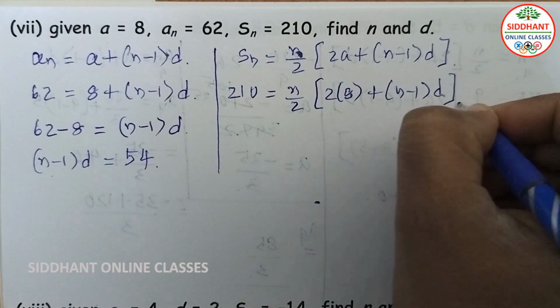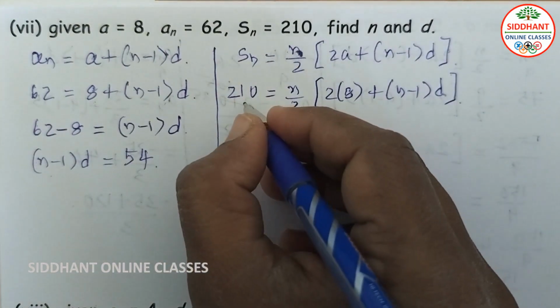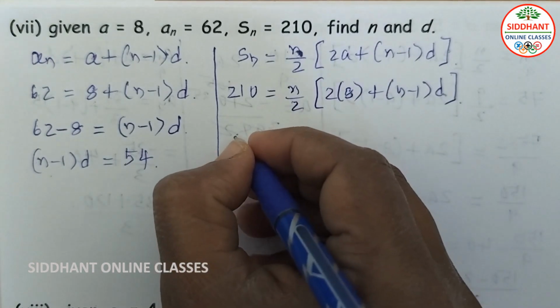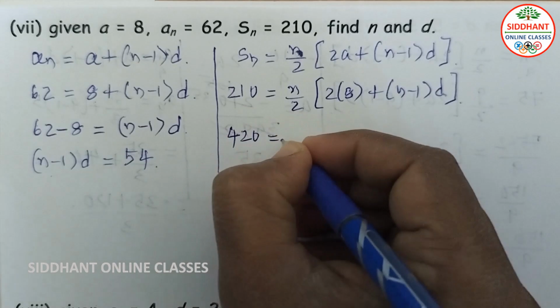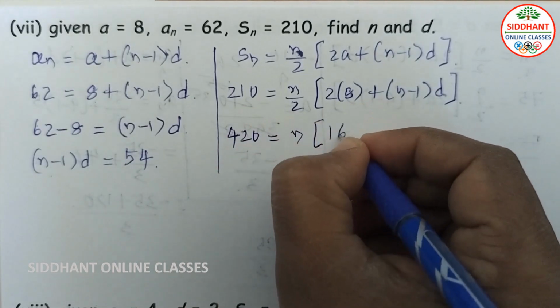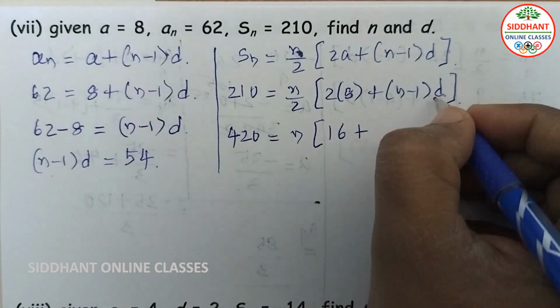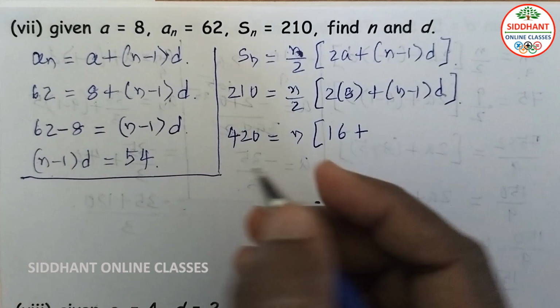So 210 into 2, that will be 420. 420 equals n into 2 into 8 which is 16, plus n minus 1 d, which we got as 54, so we put 54 here.